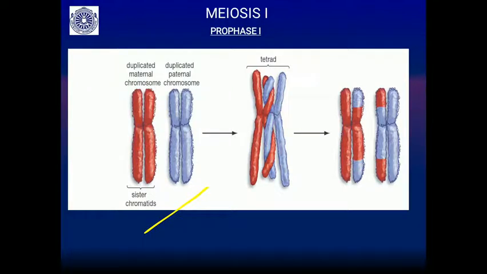So you can see the duplicated maternal chromosome and paternal chromosome pair during zygotene. Then there will be exchange of non-sister chromatid segments between the homologous pair, which you will find during pachytene. Then after that they separate.